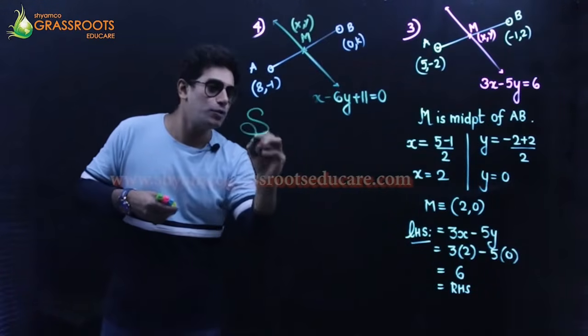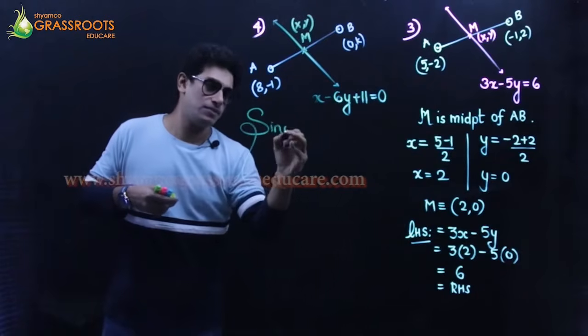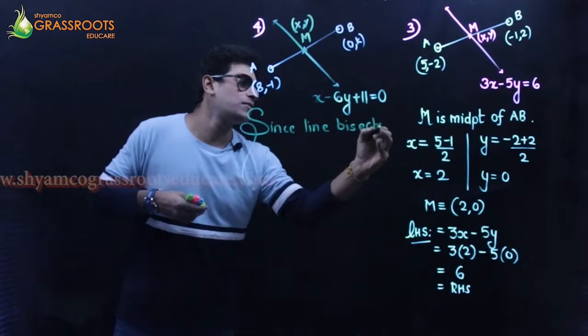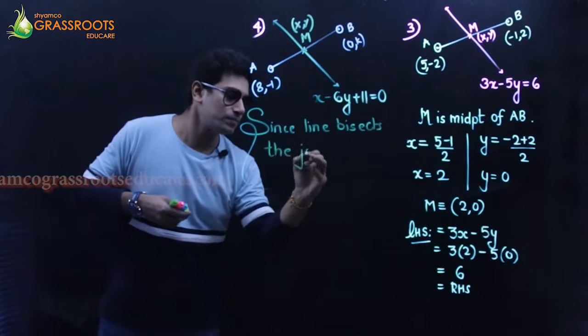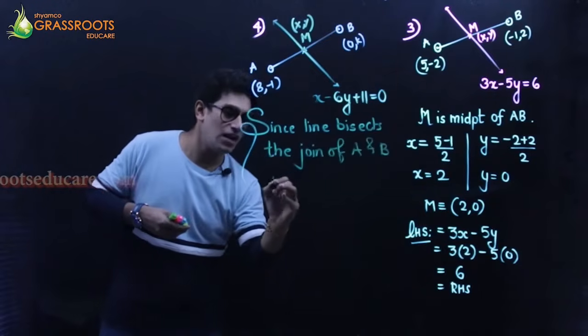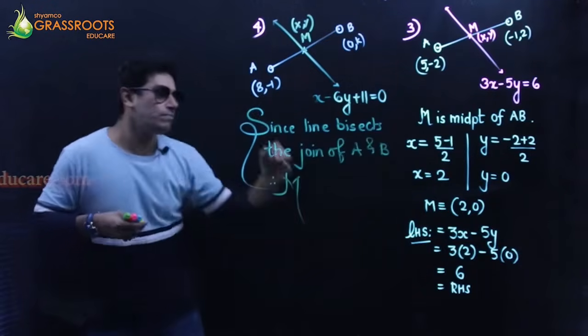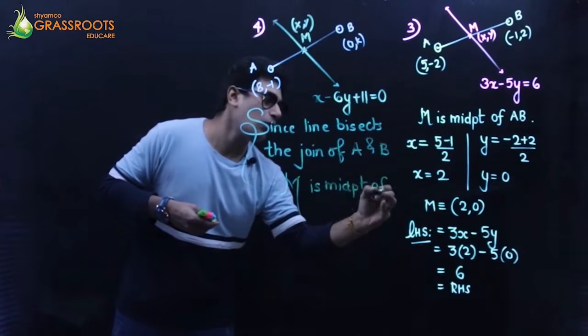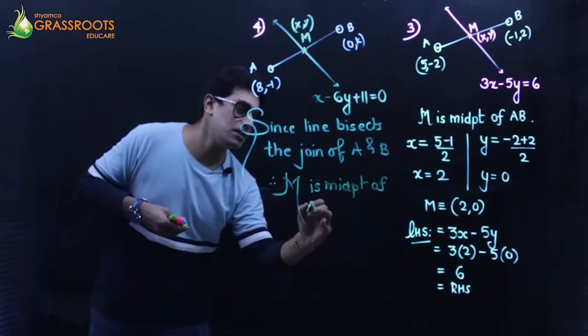Since the line bisects the join of A and B, M is the midpoint of AB.